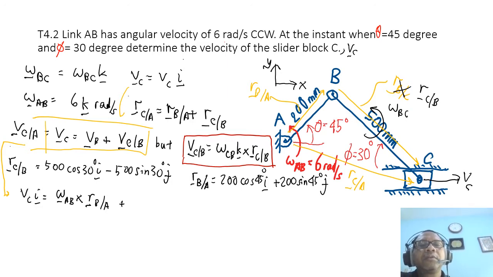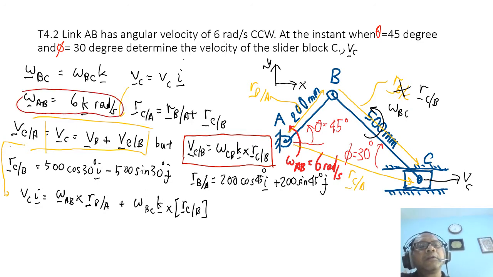and then VC relative to B is omega BC K cross position vector C relative to B. So you know the values of things here. Omega AB is here, so you can find that value here.